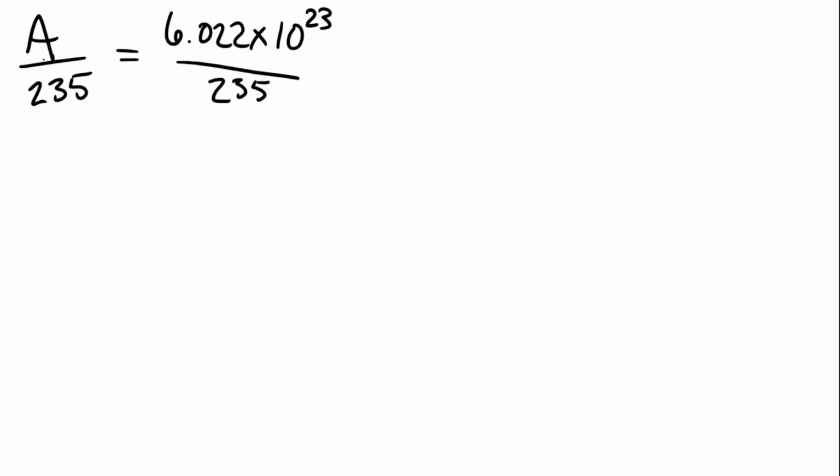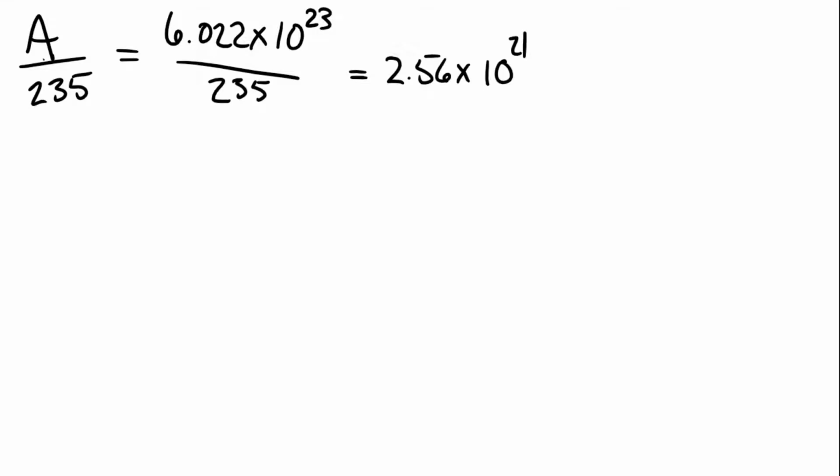In this case, uranium-235. Avogadro's number being 6.022 times 10 to the 23rd, divided by 235, and that is going to be equal to 2.56 times 10 to the 21st.